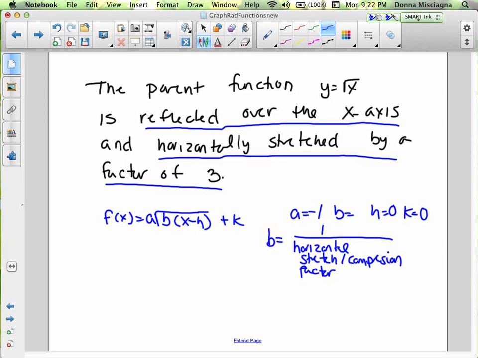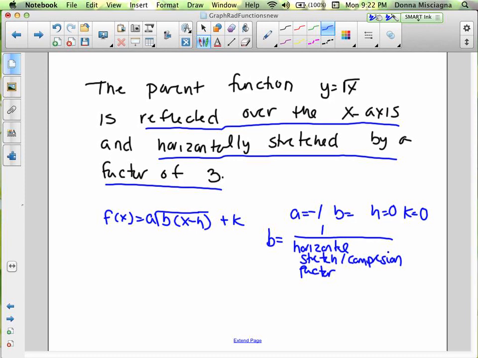So the function's not growing. I'm just getting bigger results for smaller and smaller x values. And if the scale factor is between 0 and 1, then it's horizontally stretched because it's going to take a larger x value to get to the same point.